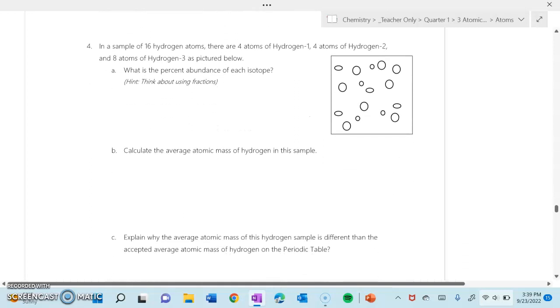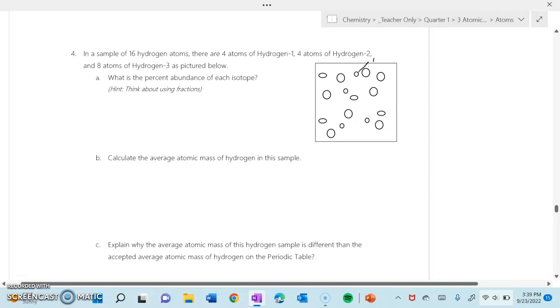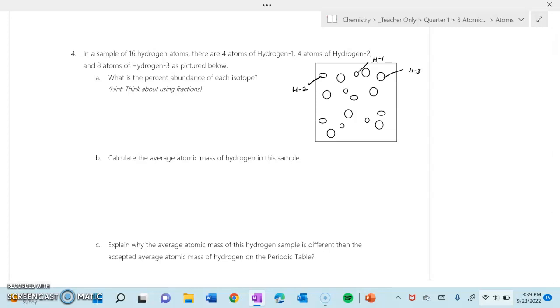Number 4 says, in a sample of 16 hydrogen atoms, there are 4 atoms of hydrogen 1, 4 atoms of hydrogen 2, and 8 atoms of hydrogen 3 as pictured below. So this would be hydrogen 1, this would be hydrogen 2, and these bigger ones are hydrogen 3 in our sample. What is the percent abundance of each isotope? Hint, think about using fractions.